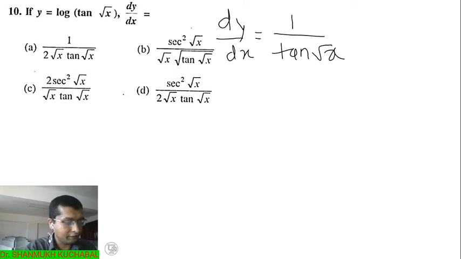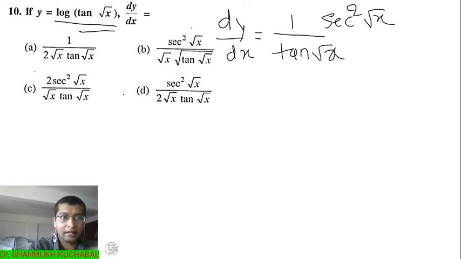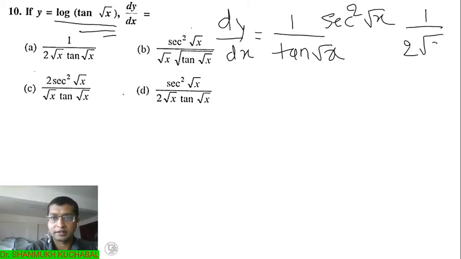Then tan's differentiation is sec square root x, and root x's differentiation is 1 by 2 root x. So we get sec square root x. Yes, it is there in option B as well as option D.